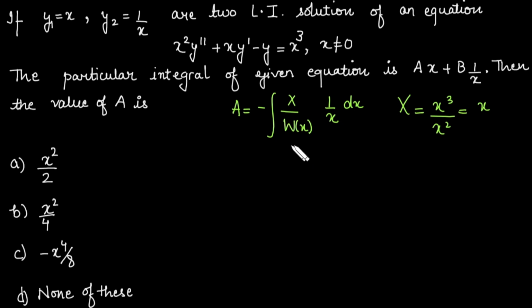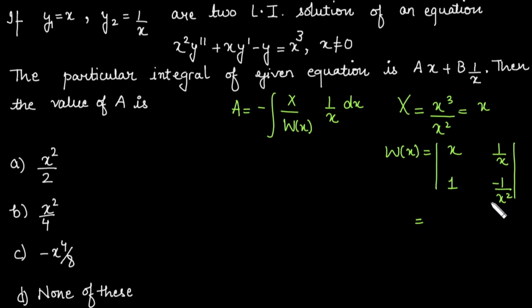Now what is the Wronskian? The Wronskian of these two functions is equal to first function x, second function 1 by x. The derivative of x is 1. Now what is the derivative of 1 by x? That is minus 1 upon x square.